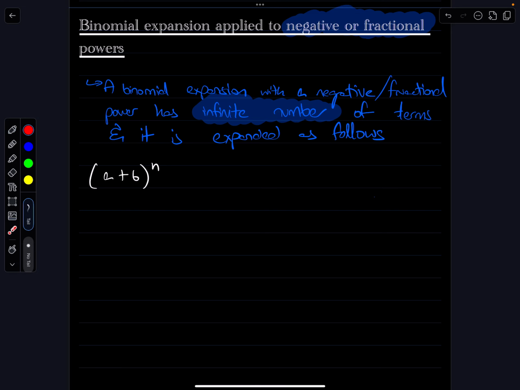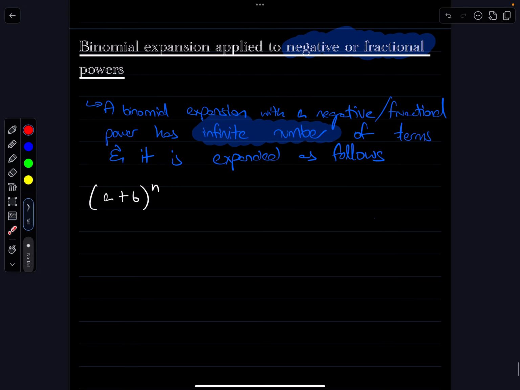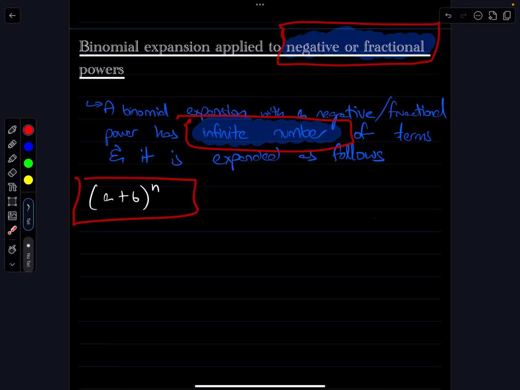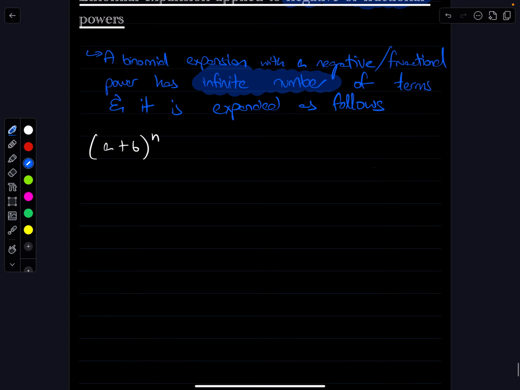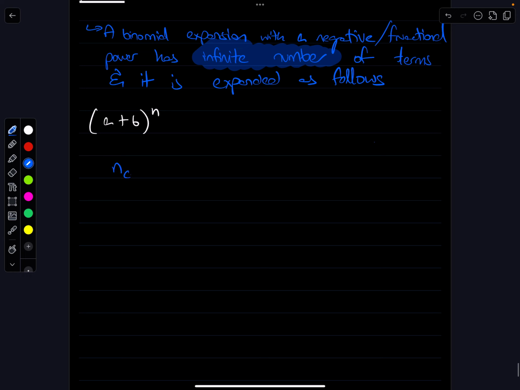So when it comes to binomial theorem, it's all about expansion of brackets with two terms with negative or fractional powers. Such brackets, if expanded, have an infinite number of terms, and their expansion would look something like this. That would be nC0, nC1, nC2, nC3, and so on.